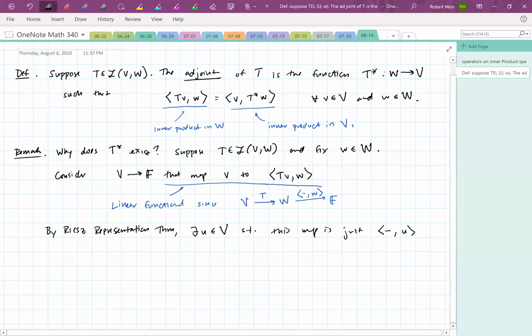So this map, which depends on T and W, spits out a unique U in V. And this U is the thing that we call T star of W.